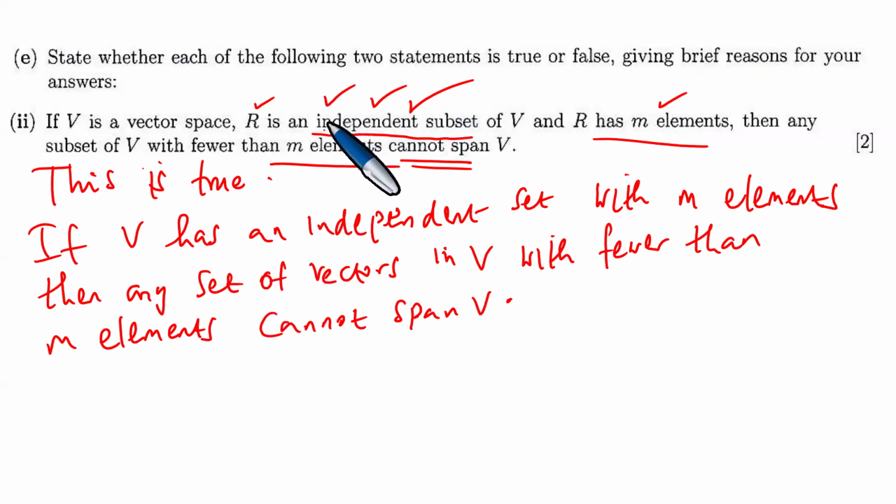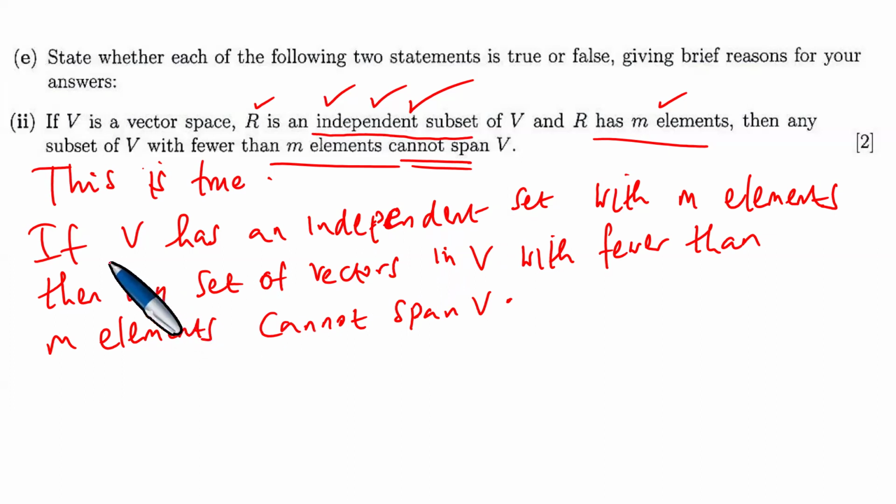A set which is linearly independent cannot be made smaller in terms of having fewer elements. That is something that is important.